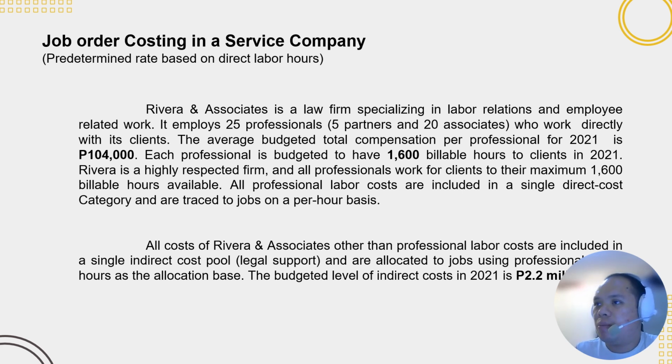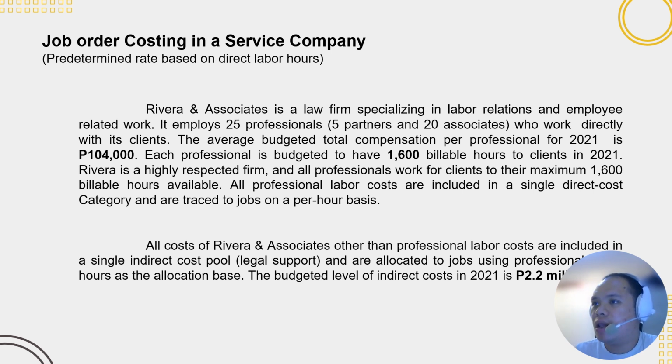The average budgeted total compensation per professional for 2021 is 104,000. Each professional is budgeted to have 1,600 billable hours to clients in 2021. Rivera is a highly respected firm, and all professionals work for clients to their maximum 1,600 billable hours available.